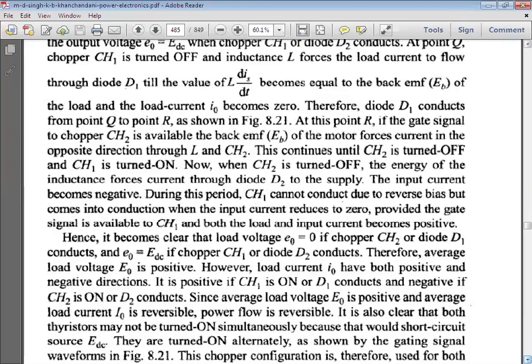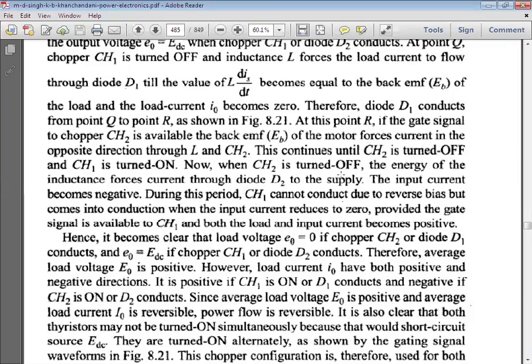Here you can see this. In this case they have given the explanation in detail. Basically, this particular step continues until CH2 is turned off and CH1 is turned on.